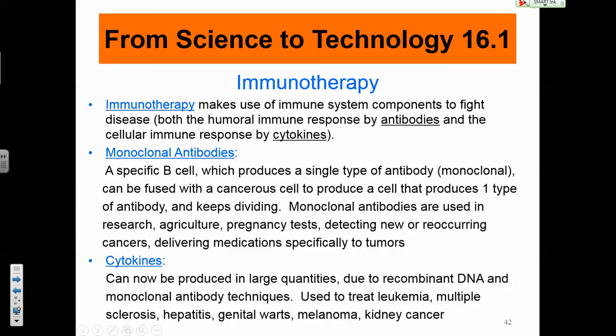Now, your book is really good about putting current medical application to a lot of the topics that we discuss. I am not going to test you on this slide, and you'll be glad. It will not be on your test.